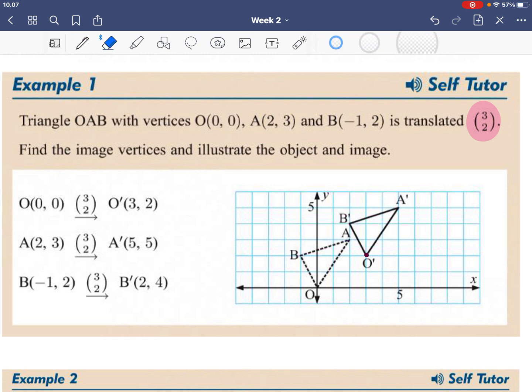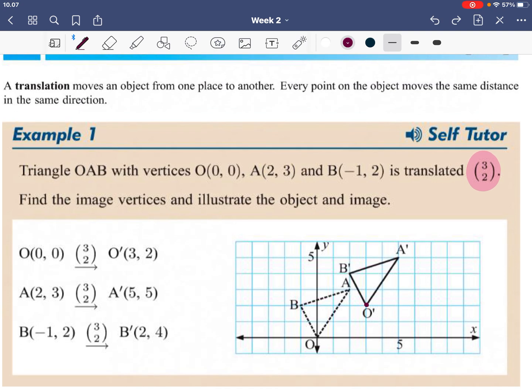And then, as you may have noticed, if you write it out, look at this. We're pretty much just adding the H. So remember, this is HK. The H is 3, and the K is 2.